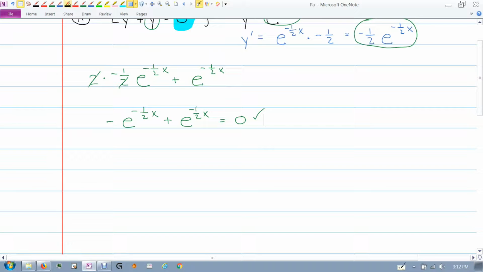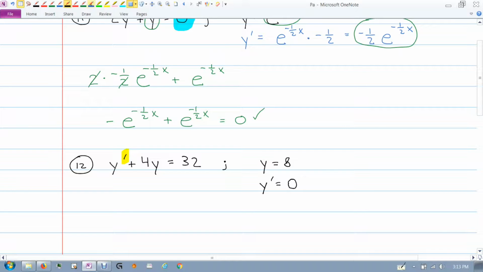All right, let's take a look at number 12. Number 12, y prime plus 4y equals 32. And the function we're looking at is y equals 8. I only need the first derivative here, right? It's a first order differential equation, so I'm going to take the derivative of this, and lo and behold, the derivative of a constant is 0.